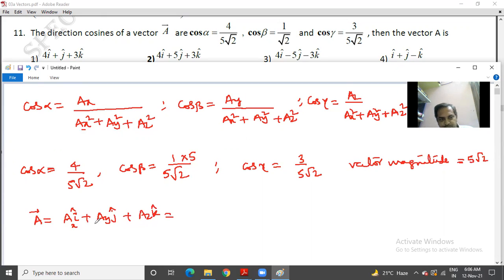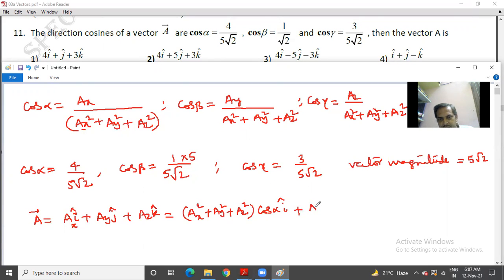In place of Ax, you can write the magnitude, root of Ax square, Ay square, Az square, times cos alpha, i cap.